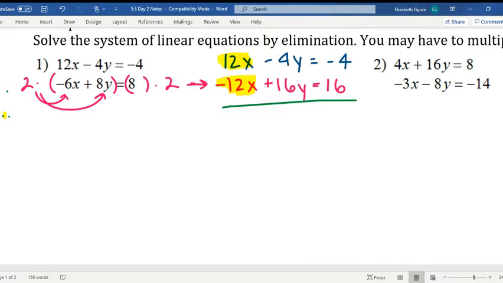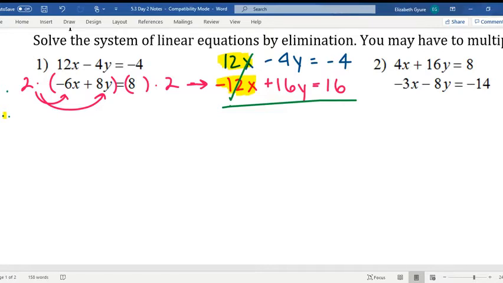All right. Corey, what's going to happen with 12x minus 12x? Well, so we're adding and subtracting. So Corey, what's 12x minus 12x? What's 12 minus 12? 0. They're going to cancel. That's now 0. Okay.